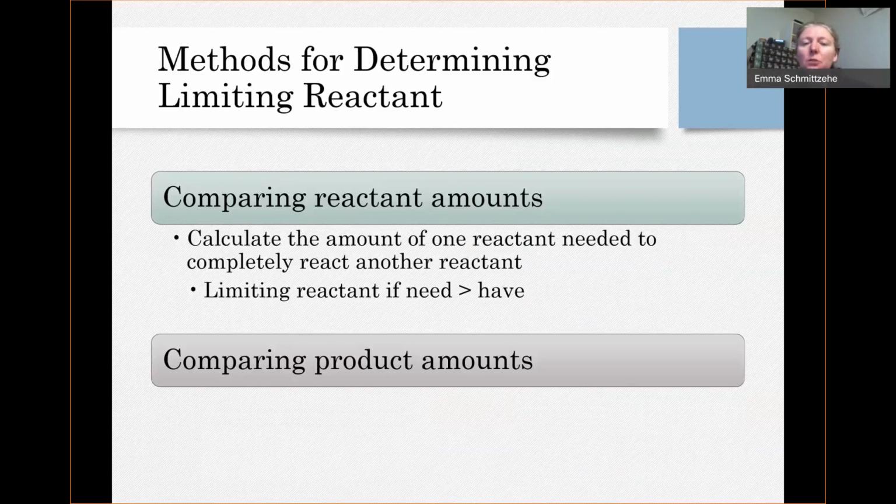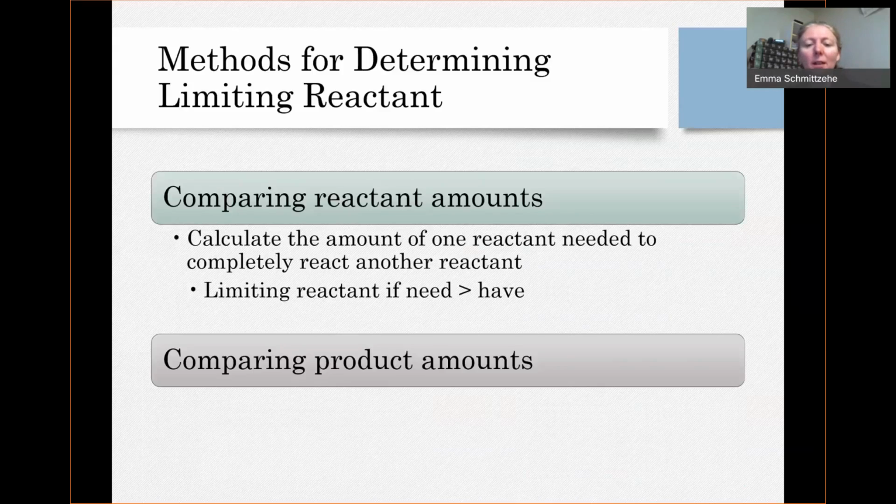If how much you determine you need is more than what you have, then that substance is limiting. If what you need is less than what you have, then that is in excess.